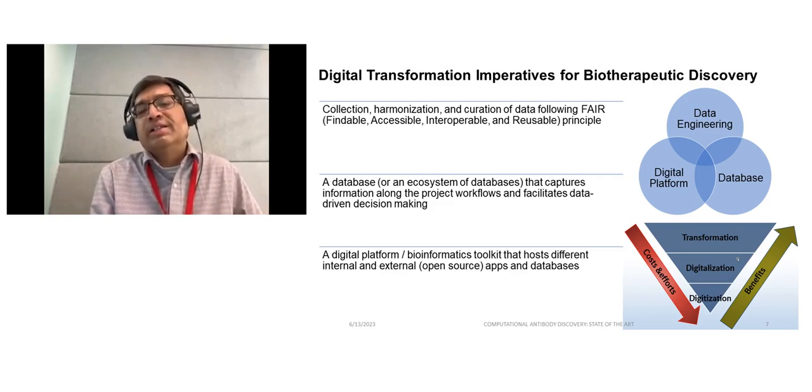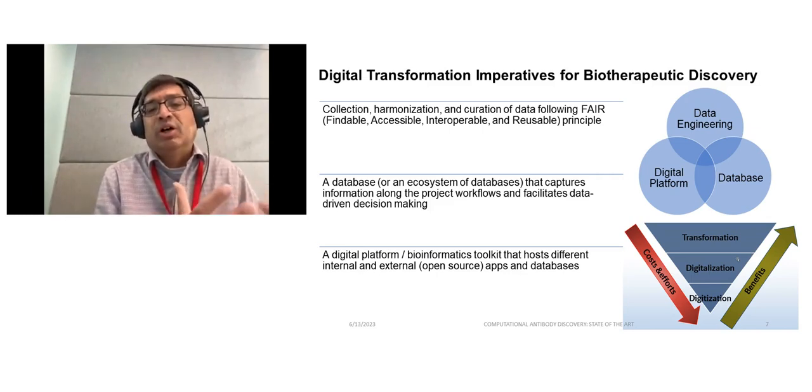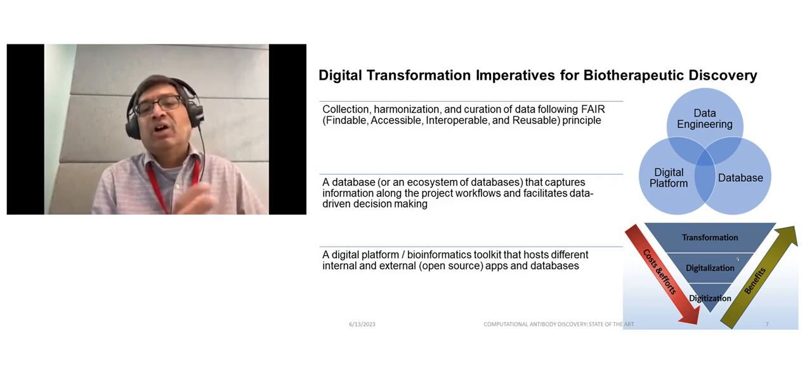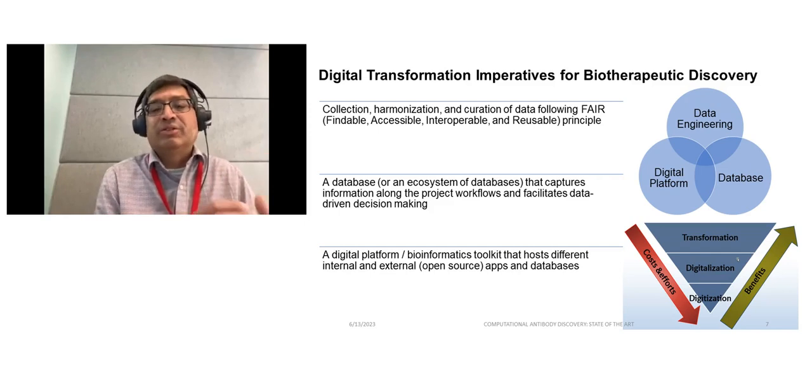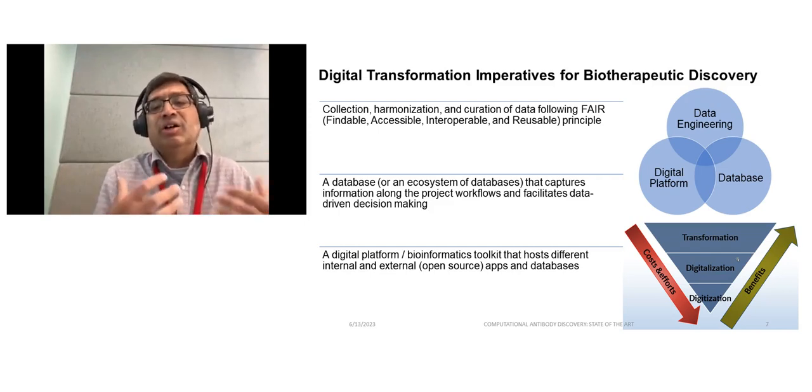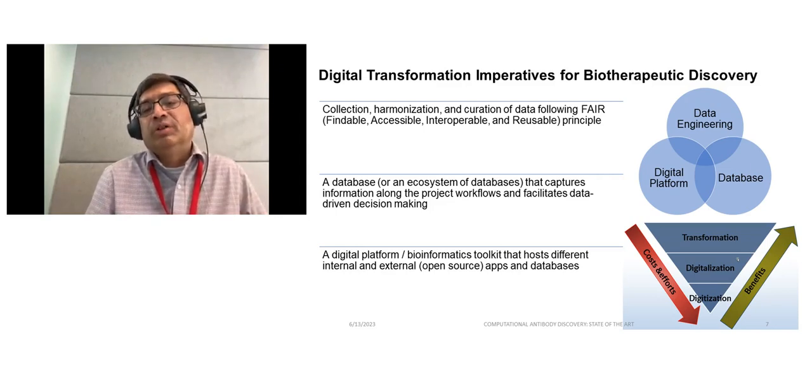We are creating models, both AI models and molecular simulations, to connect the molecular properties of our drug candidates with the experimentally observed properties, for example, biophysical experiments. How can we connect the microscopics to macroscopics? And the third is, of course, to really transform the whole process.